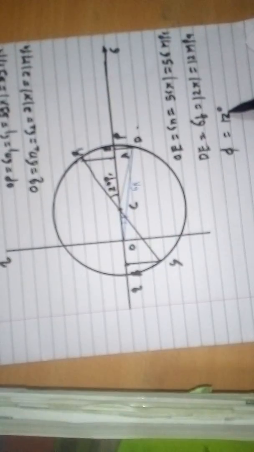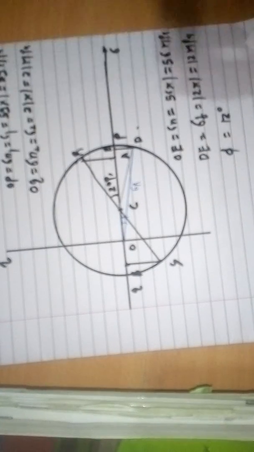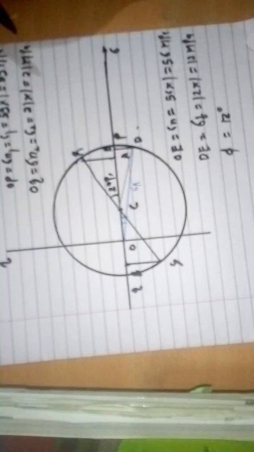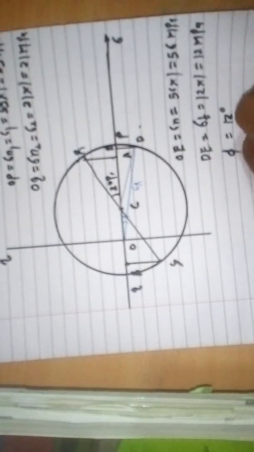We need not take it as twice, because this angle is made at the origin, and we draw the Mohr circle with the center point C. So these are the quantities we need to find according to the given problem. Now the same values we will find by the analytical method.